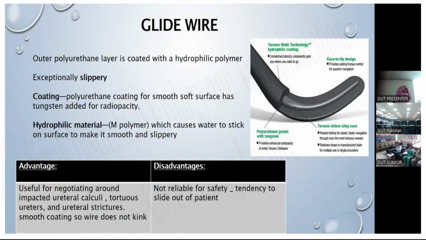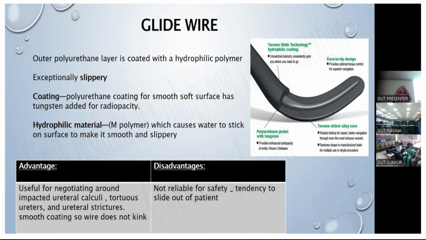Glide wires: the outer polyurethane layer is coated with a hydrophilic polymer and is especially slippery. The first thing that comes to our mind when we think of glide wire is its slippery property, which is the cause of indication in most cases. Coating is mostly polyurethane for a smooth surface, and tungsten, which adds radio opacity.